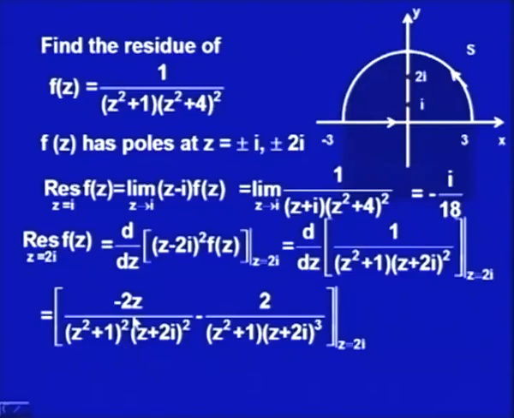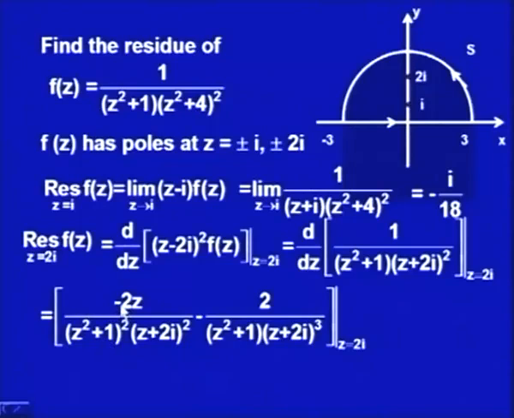When we are writing z is equal to 2I, here I would get minus 4I. Z is equal to 2I, that says z square would be minus 4. Minus 4 plus 1 is minus 3, whole square, that is 9. 2I and 2I, that is 4I.